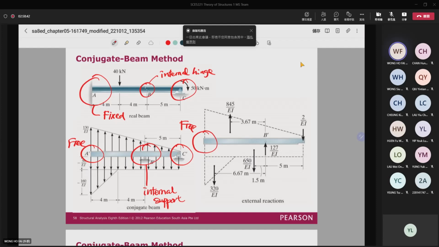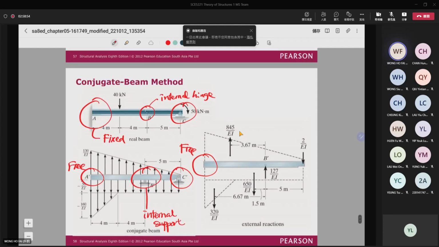Then right now we need to find what is the loading applied on the conjugate beam. So for here, first of all, it combines several things. So for the original beam, we have the case here. This is 40 kN. And then I have a moment, 50 kNm here.